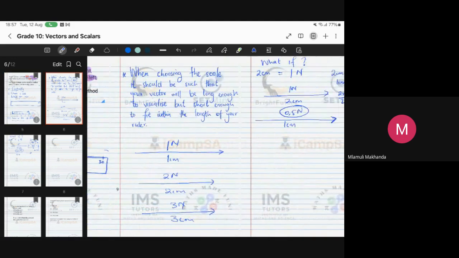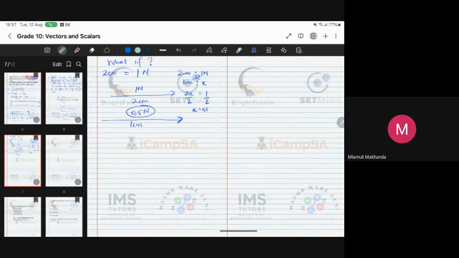Now, let's continue with our original scale. That is easy to work with.